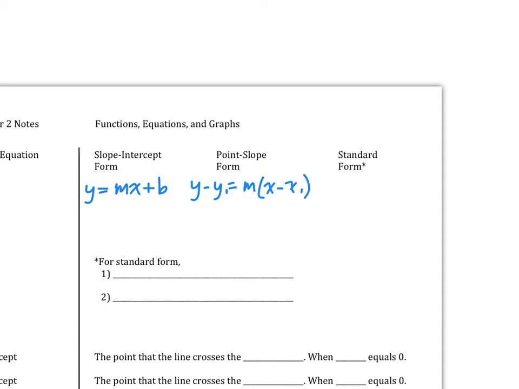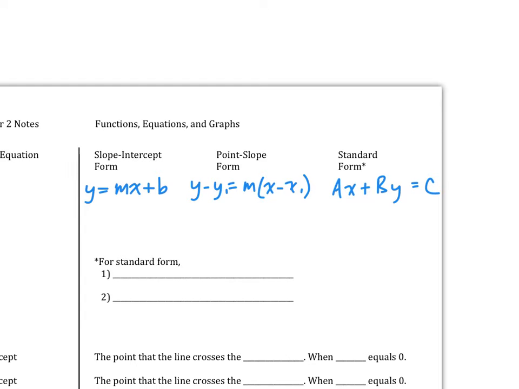The third one is called the standard form, which is ax plus by equals c. And there's an asterisk next to the standard form because I want to talk to you about special things of how to write the standard form. But first, let's talk about the other two forms.